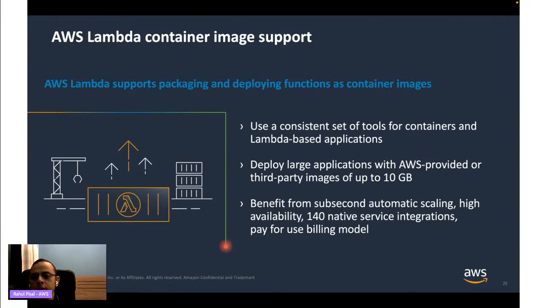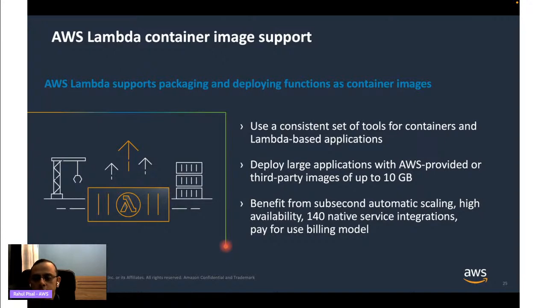At the same time, we have added support for up to 10 GB package sizes. And we have also open sourced some of our base images on top of which you can write your own supported language runtimes, and you can create a customized image which you can deploy inside your container.